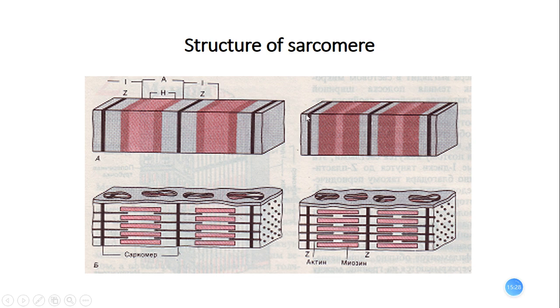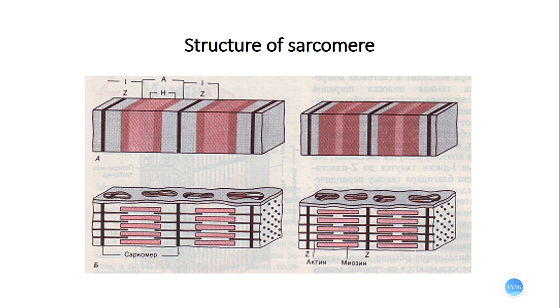And here we have the structure of the sarcomere. First of all, the sarcomere is the structural and functional unit of skeletal muscles. Here we have the I band and the A band. The I band, sometimes we call the light band, because it's isotropic to polarized light.